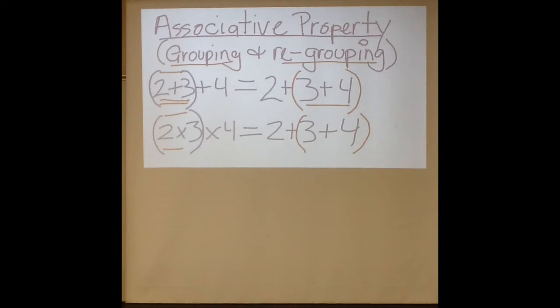So in this case, we would be doing 2 times 3 would be 6 times 4, and over here we'd be doing the 3 times 4, and this is supposed to be a multiplication sign. 3 times 4 is 12, and then we're going to multiply it by 2. You see how that worked? It does give us different numbers, but it leads to the same answer. So grouping and regrouping is what you have to remember when it comes to associative property.